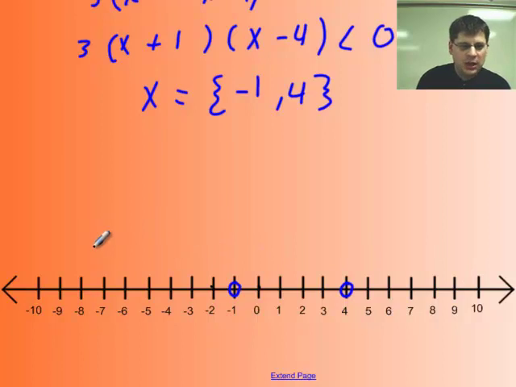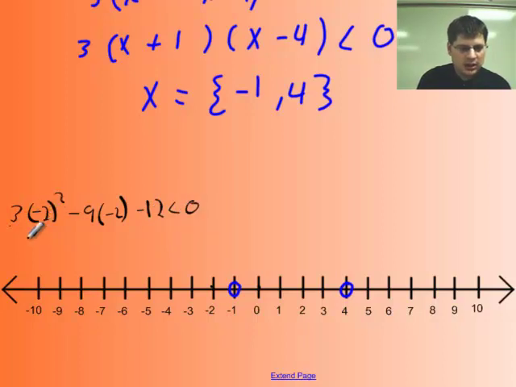So let me start with negative 2, and I'll get 3 times negative 2 squared minus 9 times negative 2 minus 12 should be less than 0.